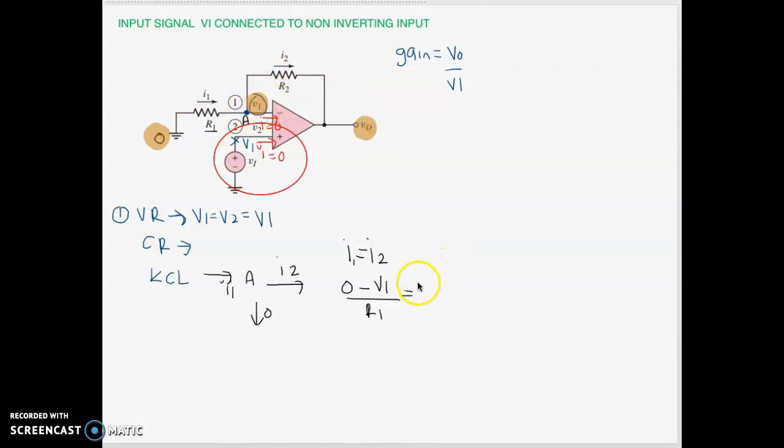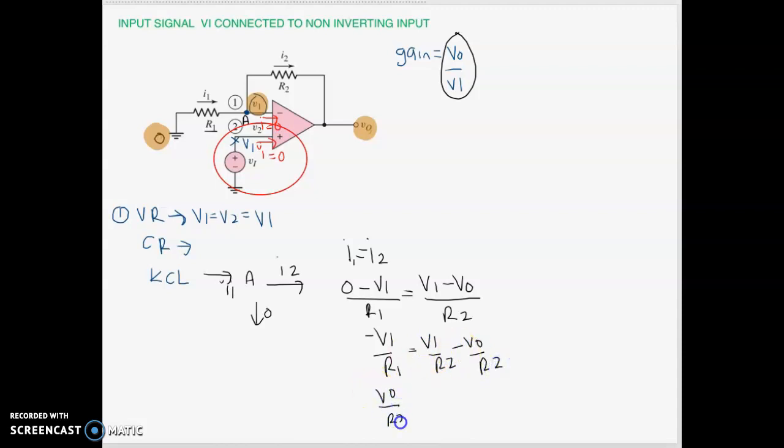So I2 equals V1 minus V0, the change of the voltage, divided by the resistance. So we arrange this until we get the gain V out over V1. Let's say I rearrange here, it becomes V1 over R2 minus V out over R2. So move your V out over here, then it becomes V1 times (1 over R1 plus 1 over R2).